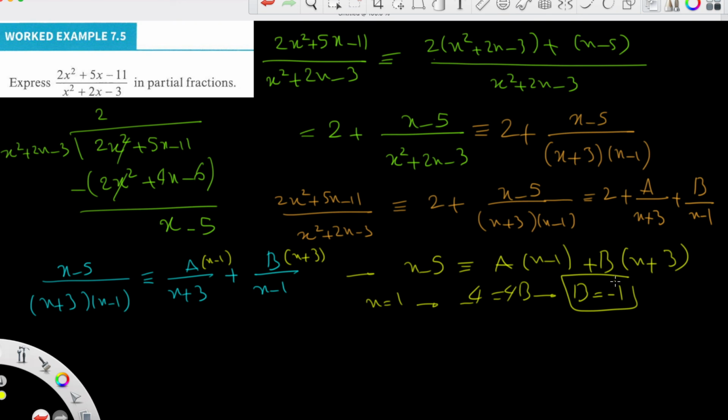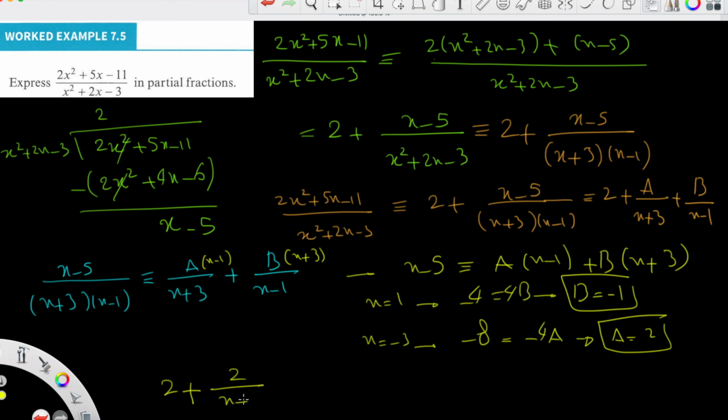Then I replace x by −3, it will be −8 is equal to 0 and −4a, so a will be 2. Now replace it, and don't forget to add this constant here: 2 plus a, which is 2 over (x + 3), b is −1 over (x − 1), and it is the final answer to this question.